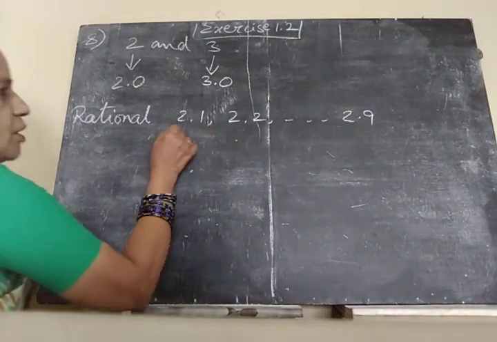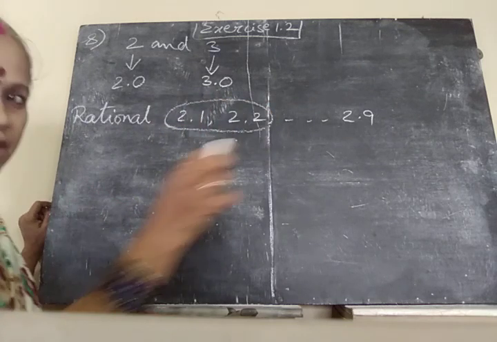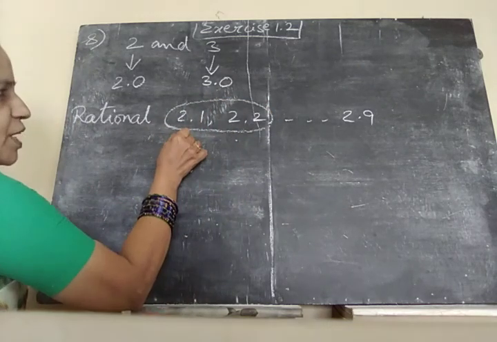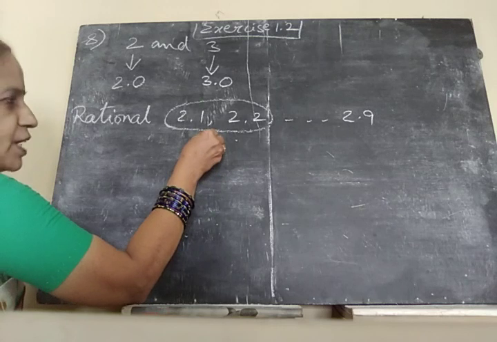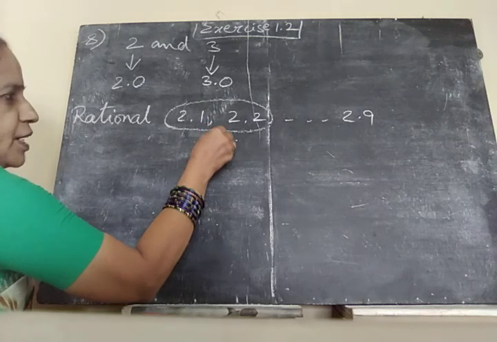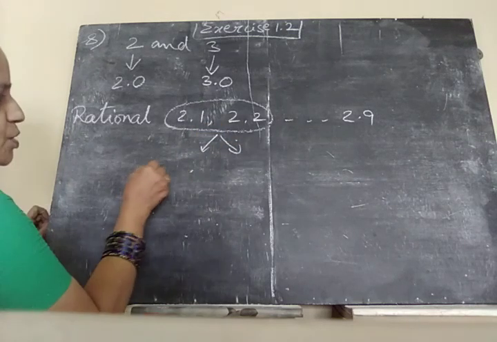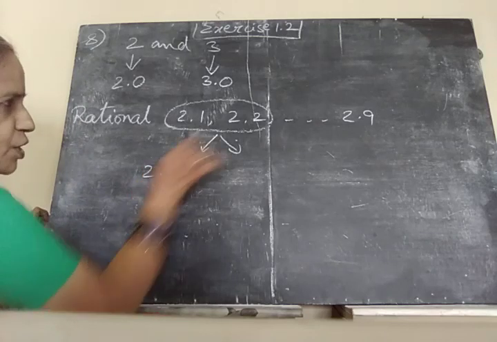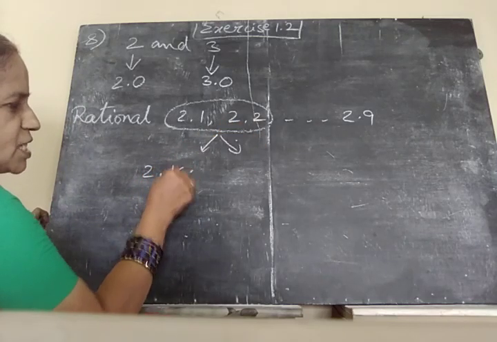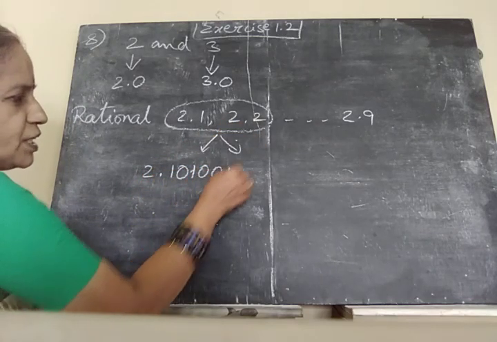Okay. Now, take these two. Take any two rational numbers, 2.1 and 2.2. Between these two, you can write an irrational number. So 2.10, 2.1001, 2.100100... like that.